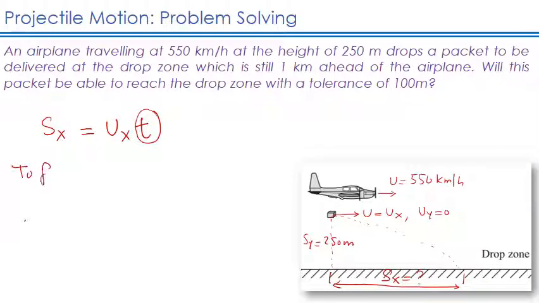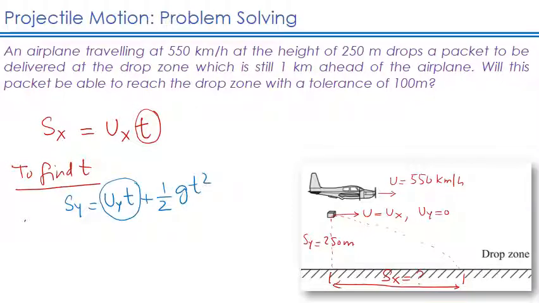So to find t, we can use Sy is equal to uy t plus 1 by 2 g t square, and then uy is 0, so this factor is 0. We can find t is equal to the square root of 2 Sy divided by g.